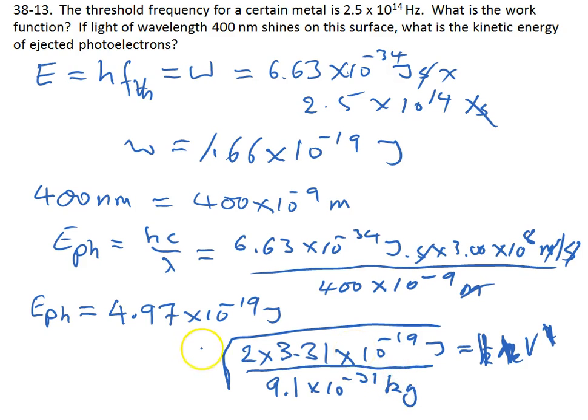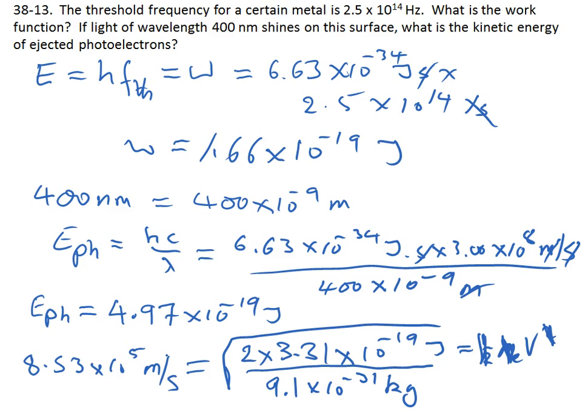And then we'll compute the answer, and I'm just going to write it on the left-hand side. And we find that the velocity is 8.53 times 10 to the 5 meters per second.